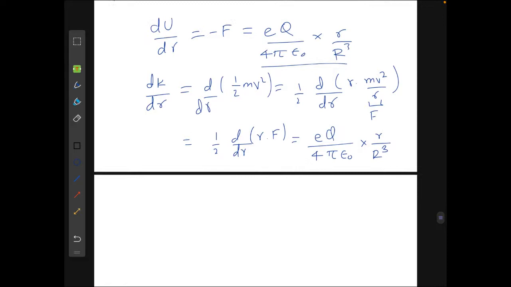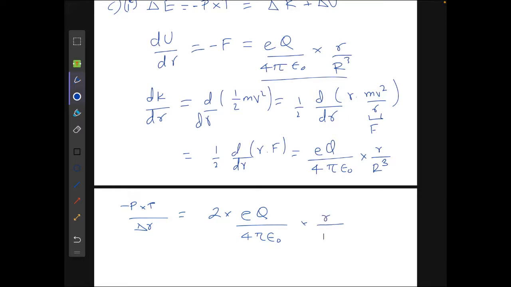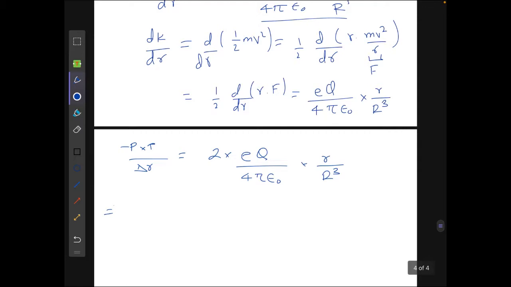So from here what we get is minus P times T over delta r is equal to 2 times eQ over 4 pi epsilon naught into small r over capital R cube. So from here we get delta r equals minus of the power radiated.